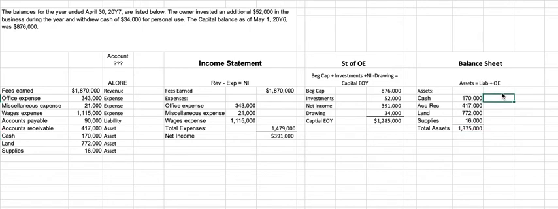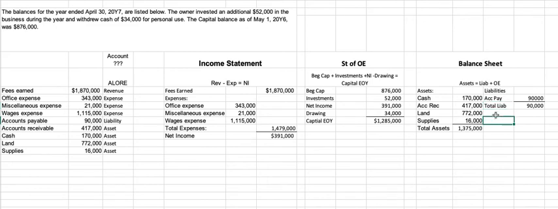Then on the right hand side, I'm going to list my liabilities. And that is one liability called accounts payable for $90,000. Total liabilities, $90,000. That's a subtotal, so I'm going to draw a little line there.